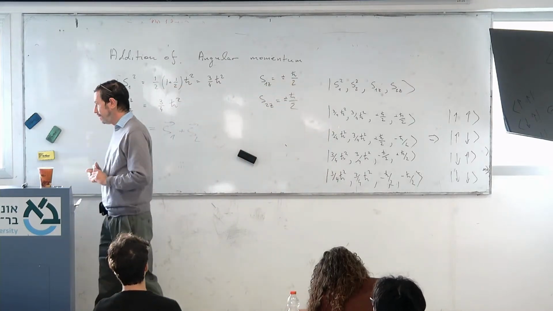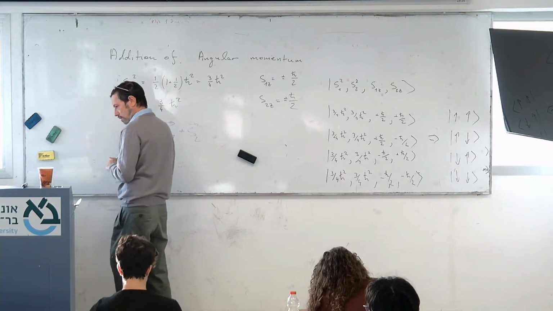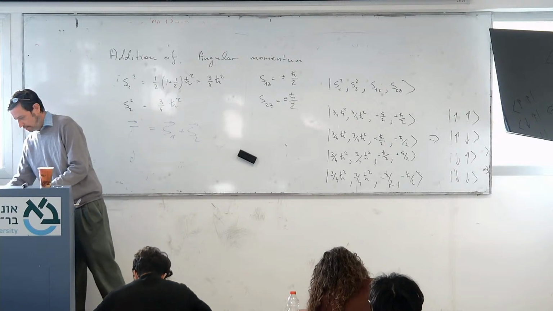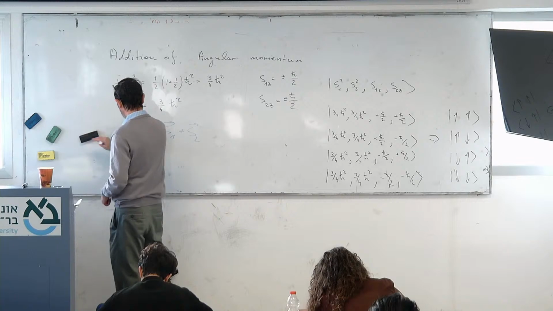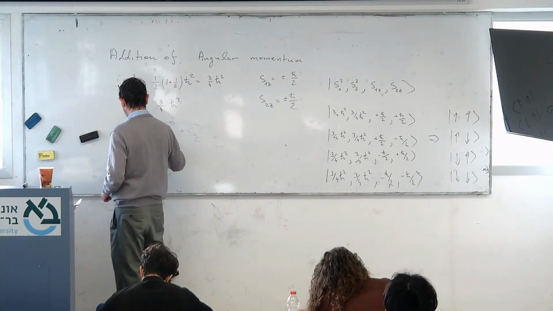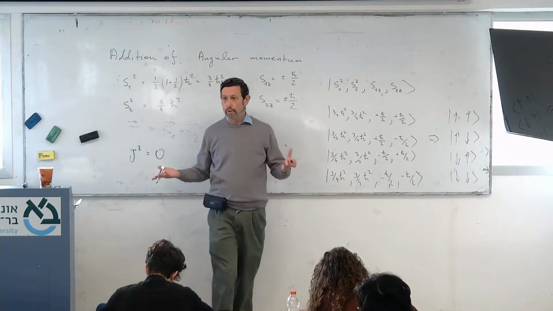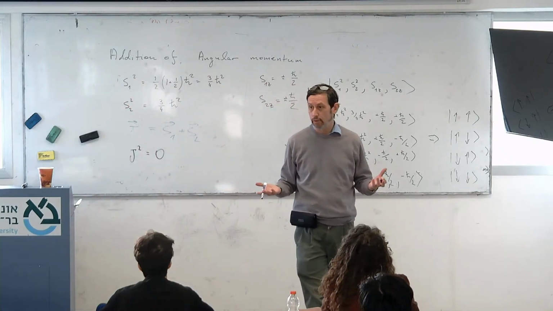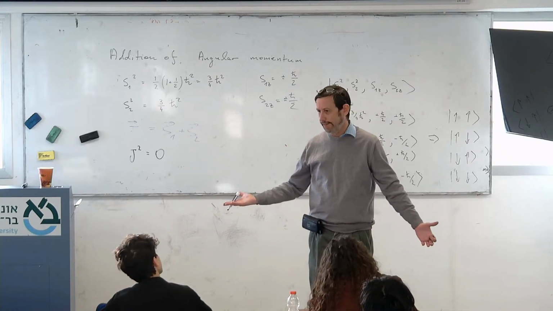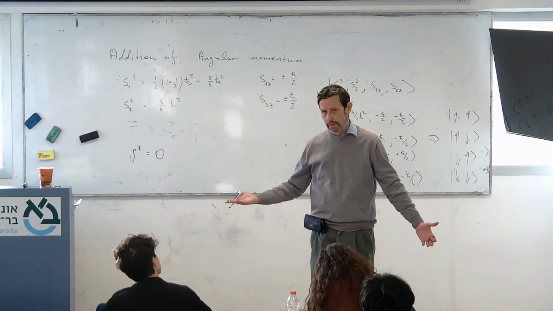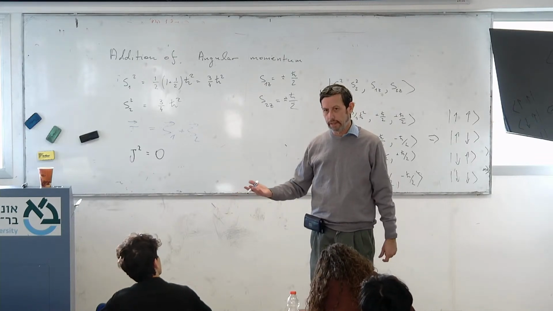So I should have some state where J squared will be equal to 0. That's the smallest value of J that I can get. The largest that I can get?